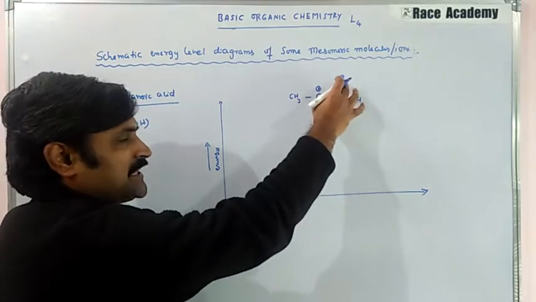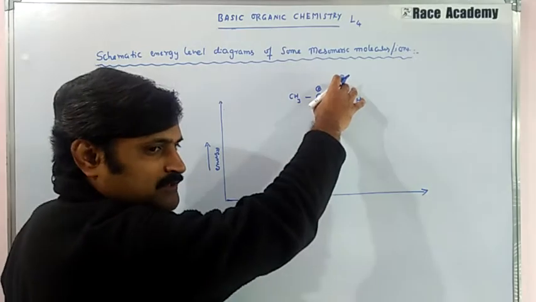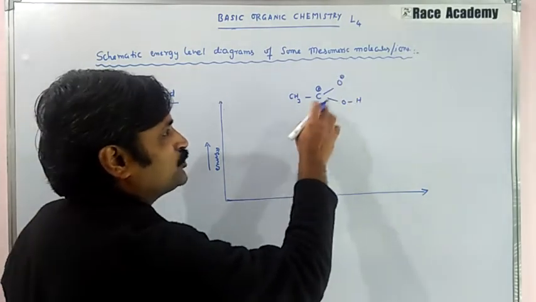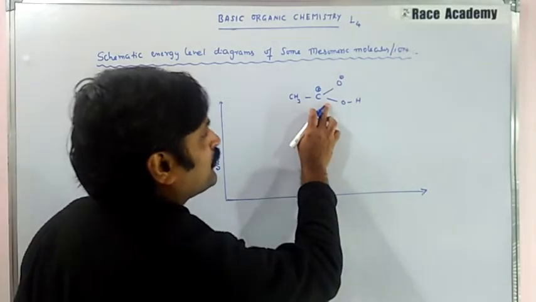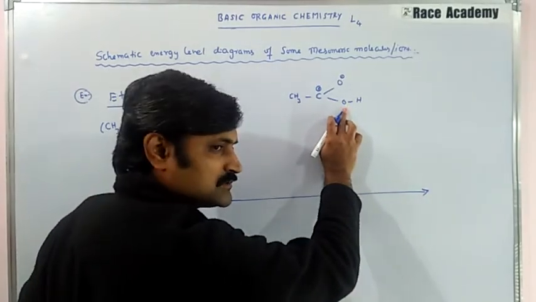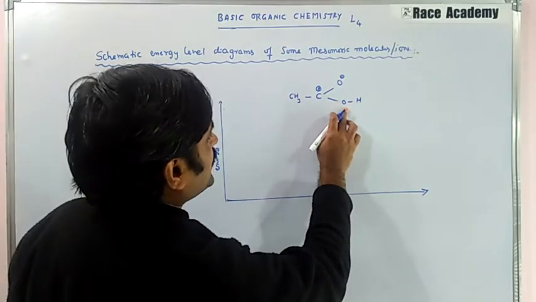Once you shift it here, between carbon and oxygen you will get a double bond. But what we will do here is make a double bond to convert this oxygen into positive.